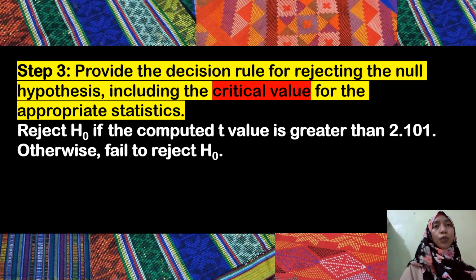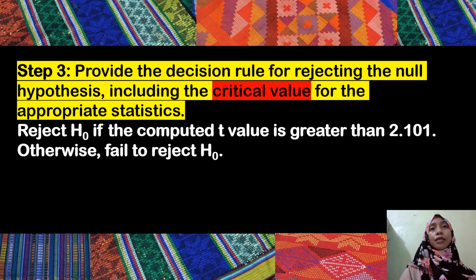Step 3, we will be providing the decision rule for rejecting the null hypothesis, including the critical value for the appropriate statistics. So our decision rule would be to reject the null hypothesis if the computed t-value is greater than 2.101.